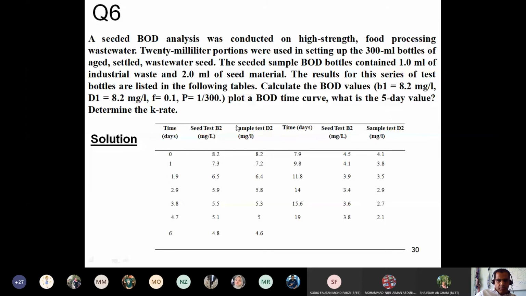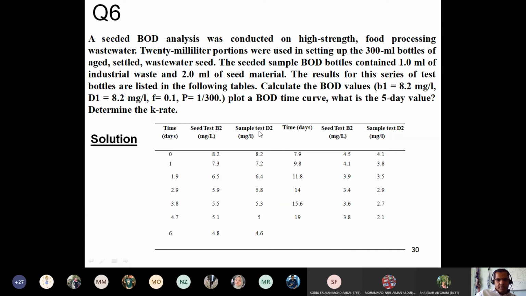This is one table, but because it is long, I made it in two parts. So this is time 0, 1, 6, and then go here 7.9, and then till 19. And the seed test in milligram per liter is 8.2 till 3.8.